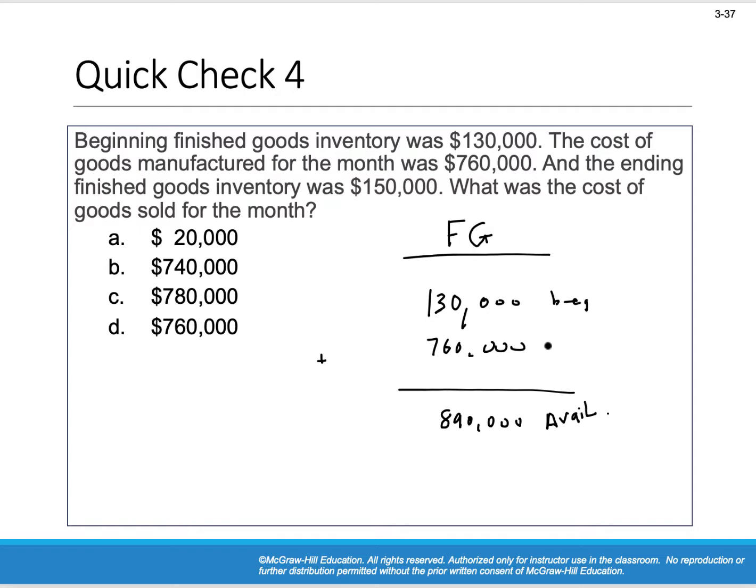These are the manufacturing costs that were added. We then subtract out the ending finished goods amount, which is 150,000.